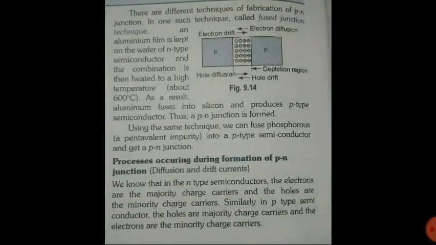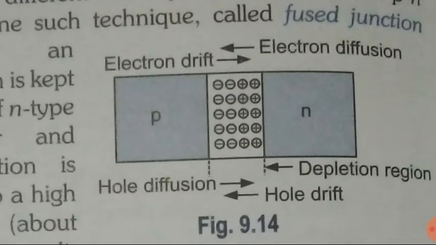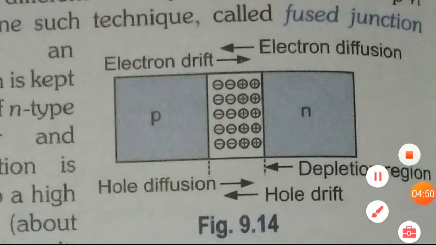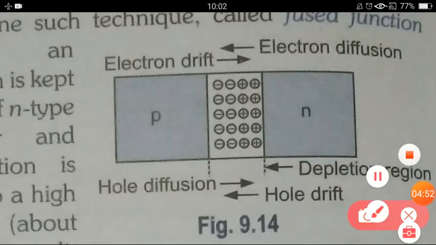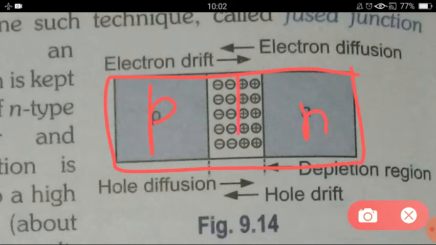Let me explain with this figure. This is one semiconductor in which one side is n-type and the other side is p-type, and suppose this is the boundary. On the n side the majority charge carriers are electrons, which are negatively charged. On the p side, holes are the majority charge carriers, which are positively charged.